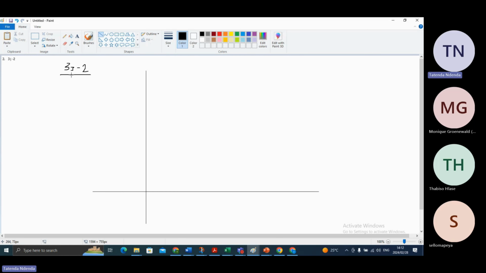So now this is the y-axis. This is going to be our y-axis. And this is going to be the x-axis, right?